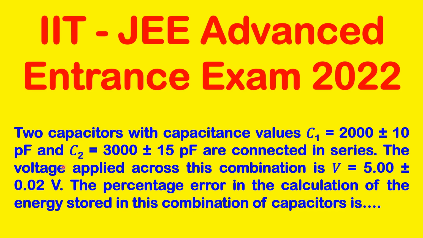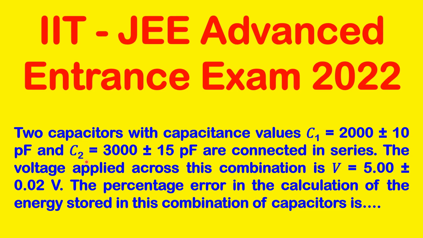So basically there are two capacitors. Capacitor 1 value is 2000 and the error range is 10 picofarad. Capacitor 2 value is 3000 picofarad and the error value is 15 picofarads. These two capacitors, C1 and C2, are connected in series.